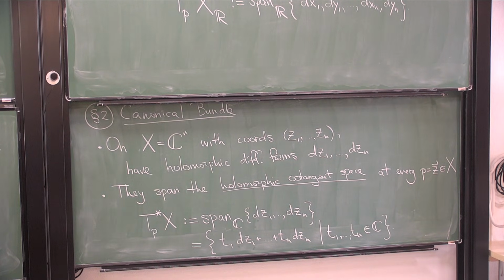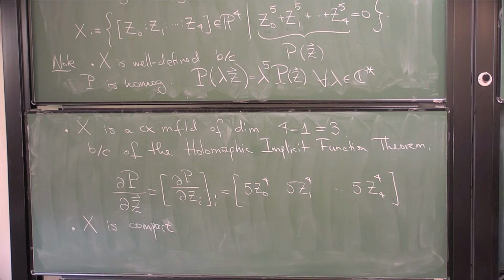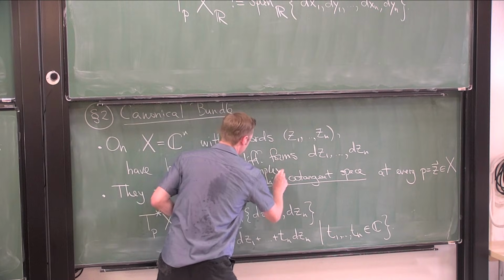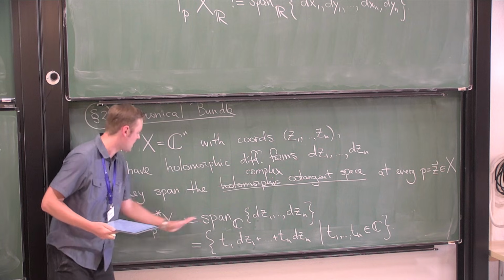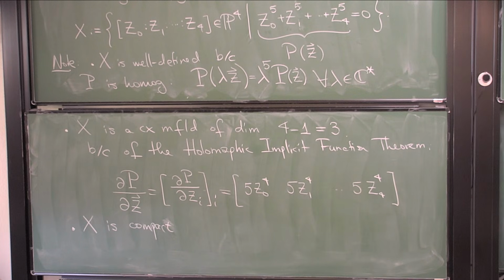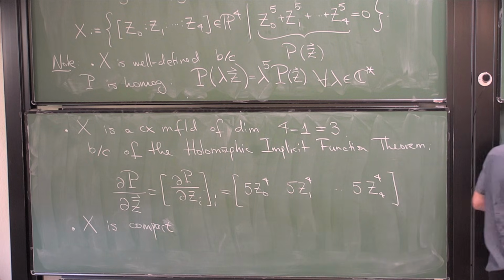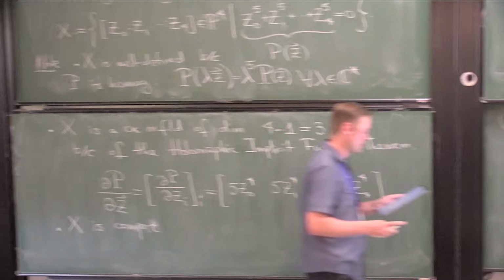How are the two things related? How is what I'm calling the complex cotangent space, there's nothing really, this is just a vector space at a point. They will fit into a holomorphic cotangent bundle, but this will come in a second. So how does the complex cotangent space relate to the familiar notion of real cotangent space?